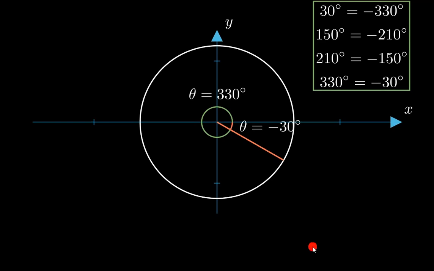What I'm saying is that for every positive angle, measured counterclockwise from the positive x direction, there is a negative angle with a similar ratio, measured in the clockwise sense from the positive x direction.